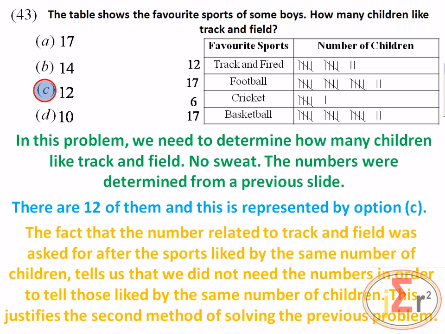As long as the rows are organized in the way that they should, the ones liked by the same number of children should have the same length rows, and we would not need to count the numbers there.